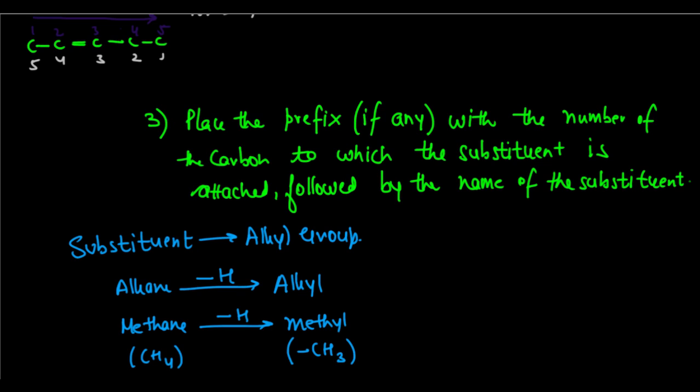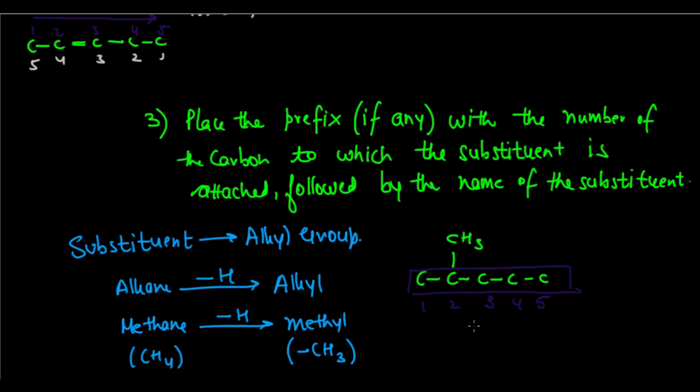So if you have a chain like this, and to this I'm attaching a methyl group here. Now we have to name it. First of all, identify the parent chain. It's pretty simple. This is my parent chain. Then number the parent chain. This should get the lowest possible number because it has the substituent attached. So 1, 2, 3, 4 and 5. Now how do we name it?